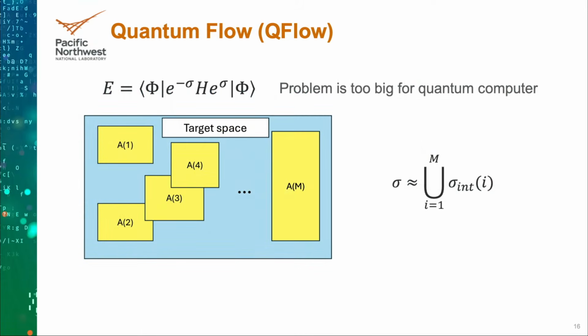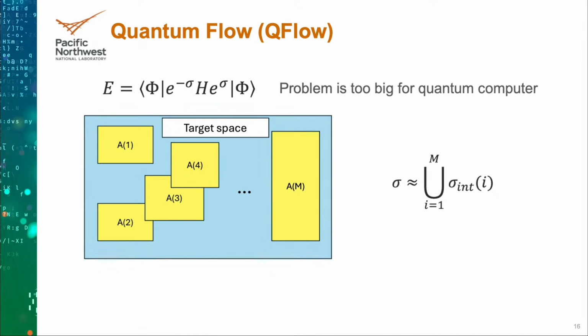Yet another algorithm I would like to talk about is quantum flows. So let's assume that we want to solve the problem in a space which is too big for us. No hope. But for whatever reason, we know the active spaces, which are components of the target space, which we know encapsulate important correlation energies. Then you can approximate this sigma operator by some cluster operators belonging to those active spaces.